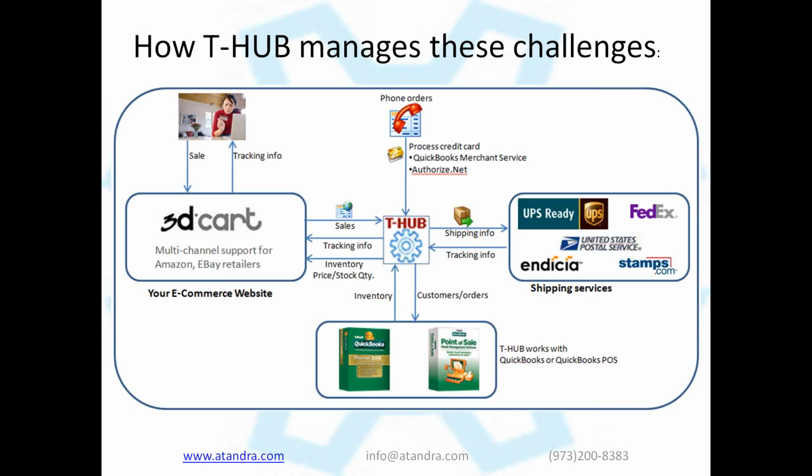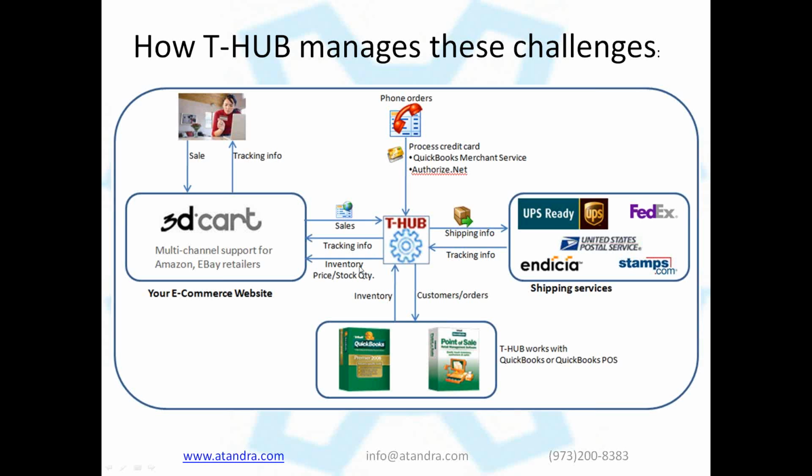So it brings the sales from different channels into T-Hub. T-Hub then sends out the customers and order information into QuickBooks. It sends out the order information for shipping, for printing of shipping labels, and it gets the tracking number back and updates the tracking back to the online channels, 3D cart, Amazon, eBay, different channels.